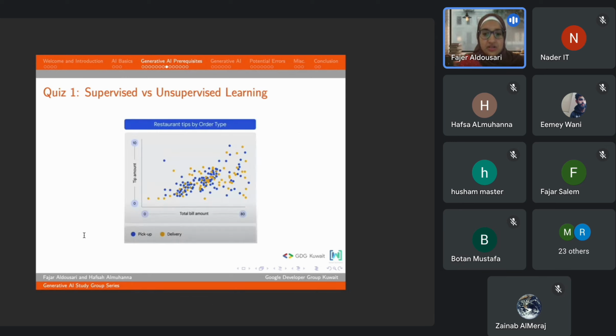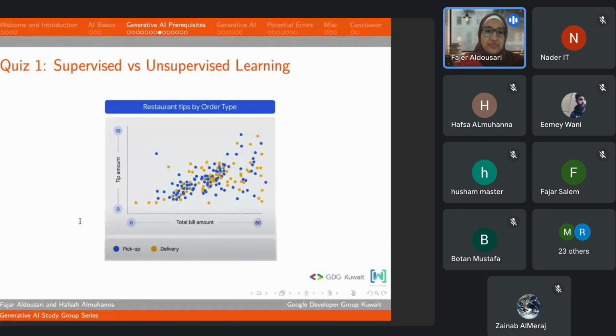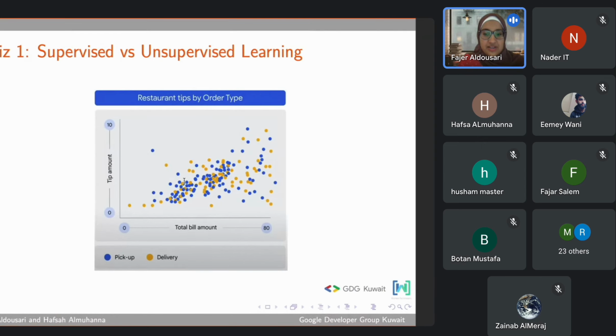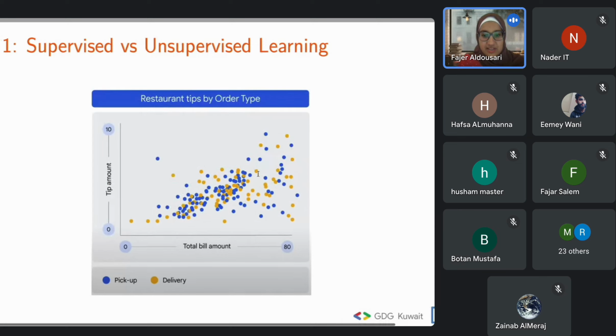Okay, so we have our first quiz. If you take a look at this graph closely, I'm just going to explain it real quick. Here you can see the blue dots represent pickup orders, and the orange dots represent delivery orders. And here you can see the total bill amount, so how much the order cost, and the total tip amount, right?